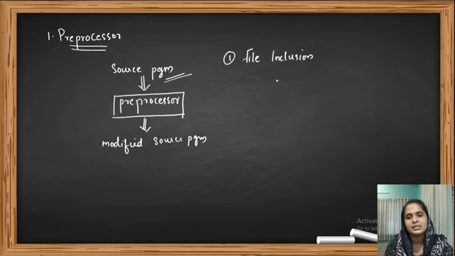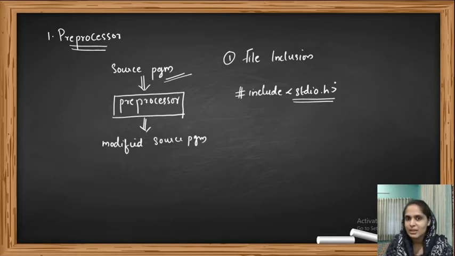File inclusion means that suppose in our source program, we have written the statement #include stdio.h. So what is this? This stdio.h is actually a header file, right? This header file will be stored as a separate file. So what the preprocessor does is, it will include that file.